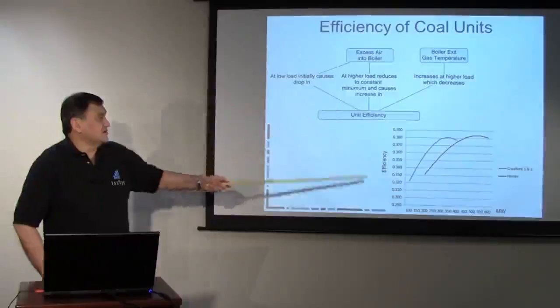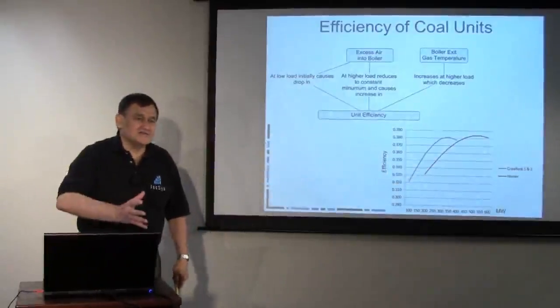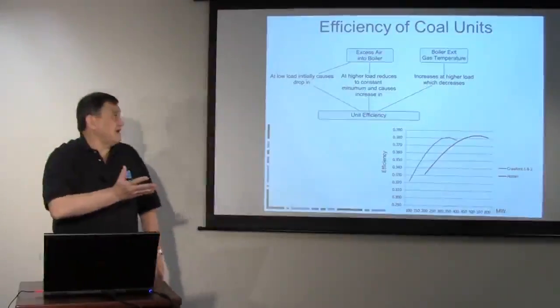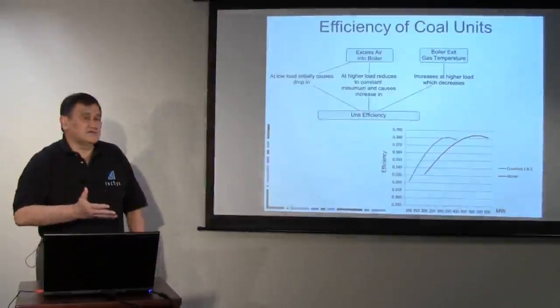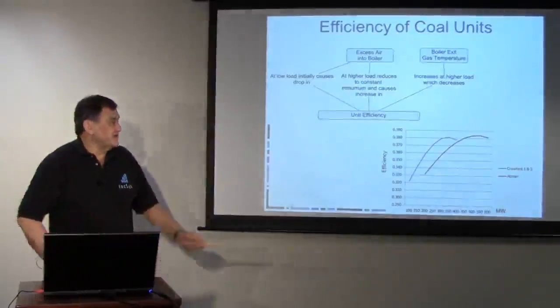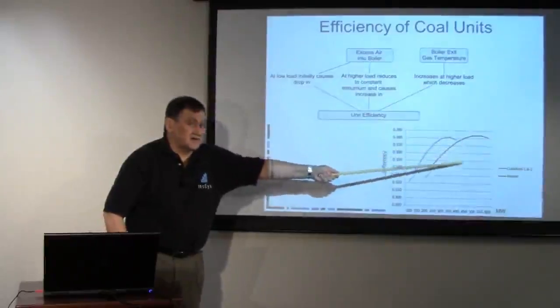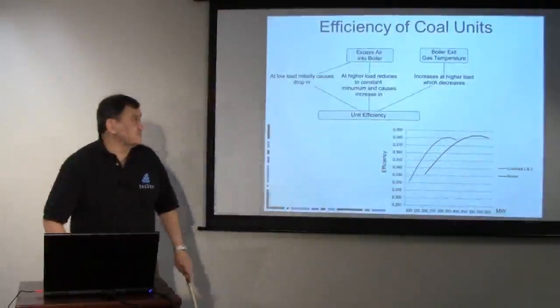And basically the efficiency has the characteristic that at low load it's a relatively low efficiency, and that's because we're taking all this excess air, and we're heating it and pushing it up the stack. But then as we pick up, the excess air is reduced. And so as the load picks up, and typically as we get close to the maximum output, we reach a peak where the unit is most efficient.